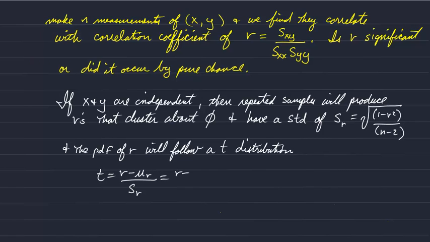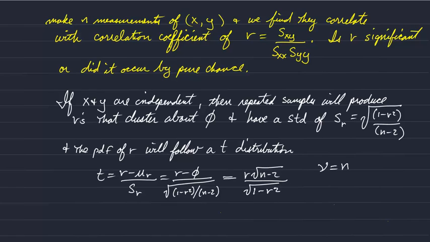Again, the mean value of r is 0, and the estimated standard deviation is as I've written it above. If we simplify that, we get r times the square root of n minus 2 all over the square root of 1 minus r squared. And the number of degrees of freedom, nu, is equal to the sample size minus 2.